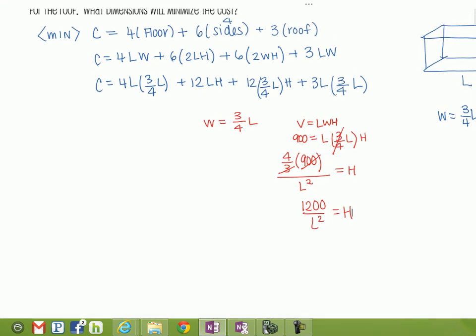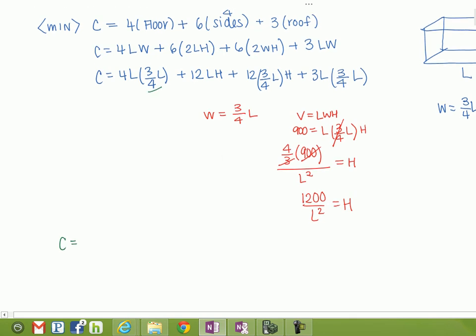So let's first clean up what we had already. C is equal to 3L squared plus 12LH plus 9LH plus 9 over 4 L squared. And we can still clean this up a little bit.